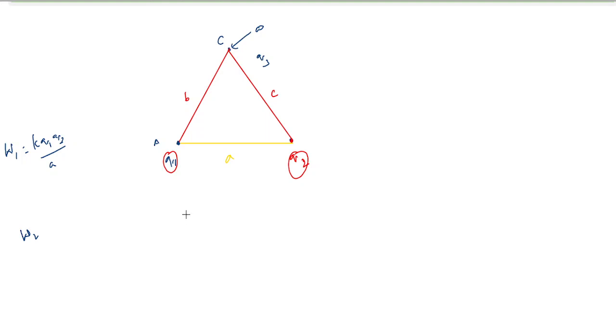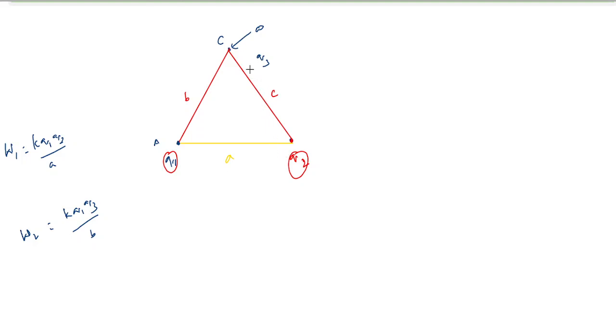Here we'll break it up into two different parts. Let's forget Q2 for a minute. The work done to bring Q3 alone from infinity to this point would be equal to K Q1 Q3 by B. Now let's forget that Q1 is present and assume only Q2 is present.